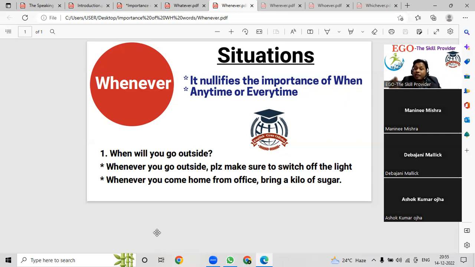But if I say "when you are coming from office", you can say 5 o'clock. But whenever you are trying to come, bring this one. So what is more important? Whenever you are using whenever, you are not assigning any time frame. Whenever means any time or every time. So there is no specific time.